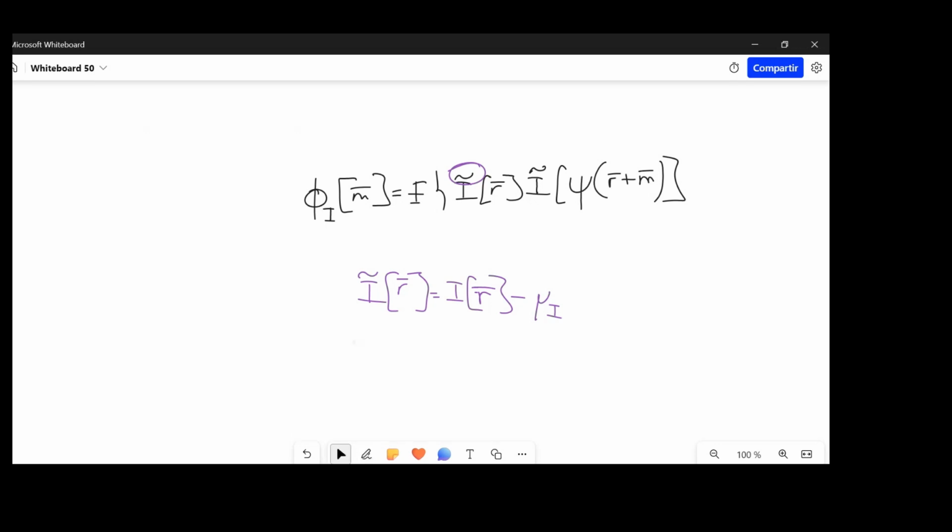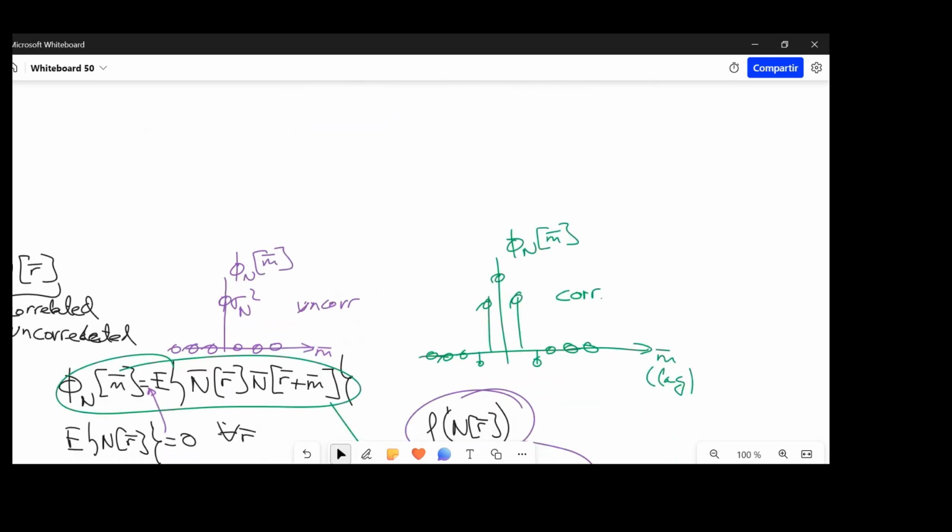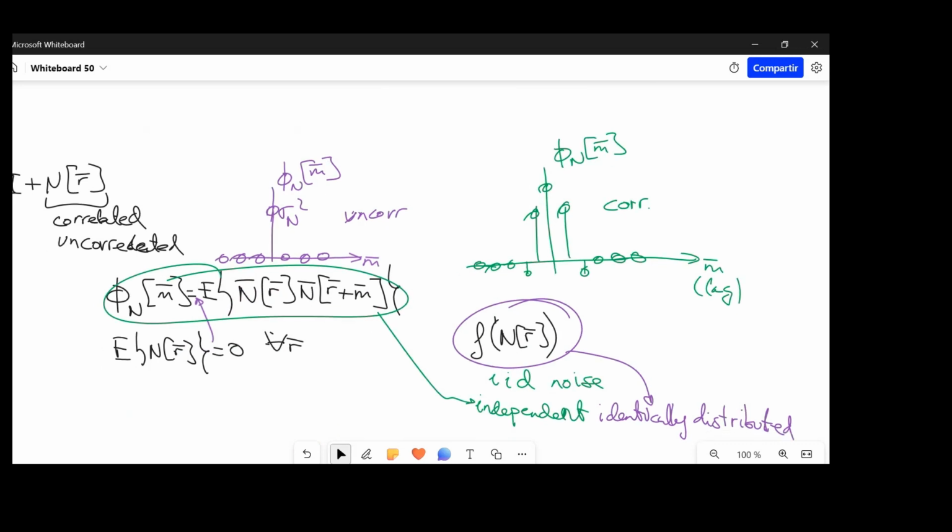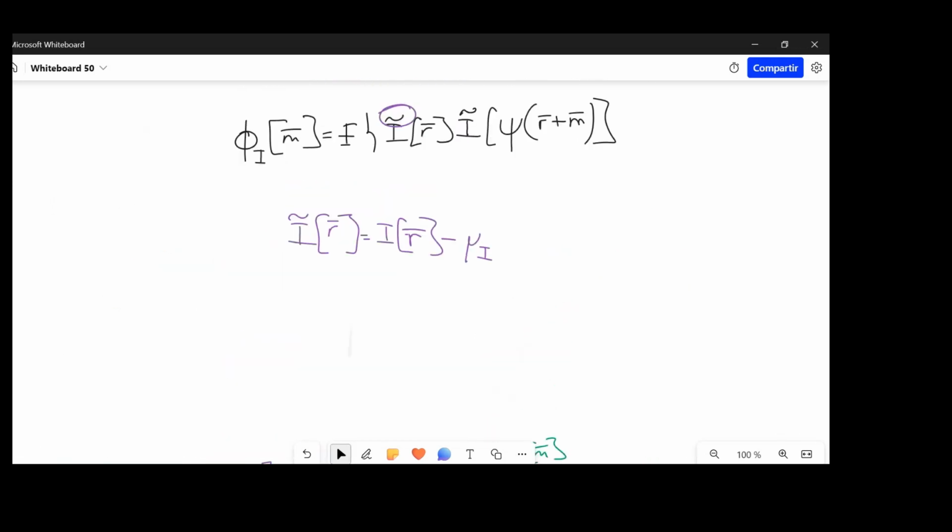That is why I was saying down here that for these to be true, we need the mean to be 0. Okay, so that is the first difference. The second difference is on this side.